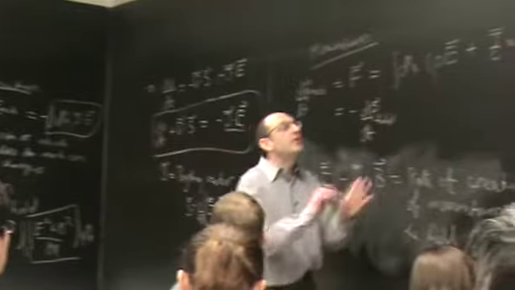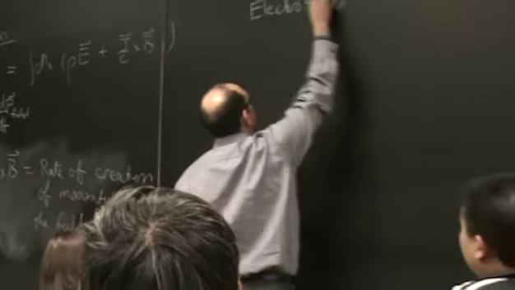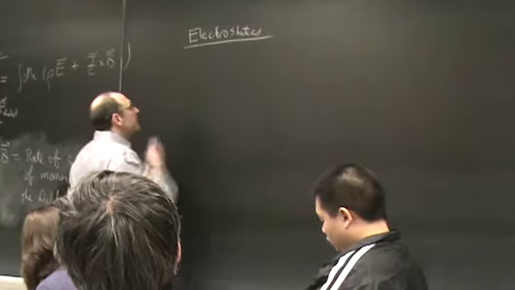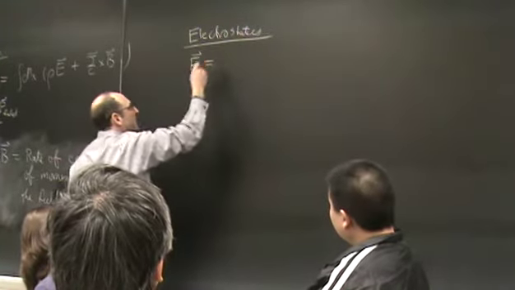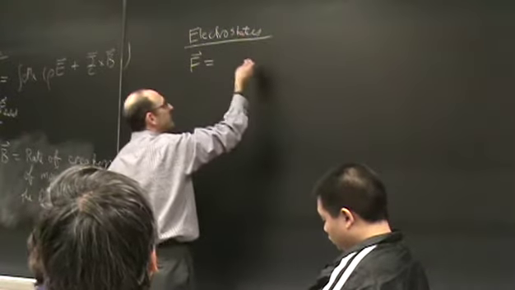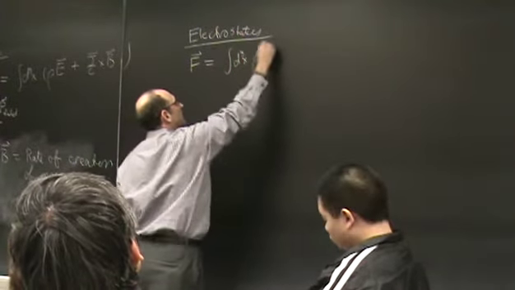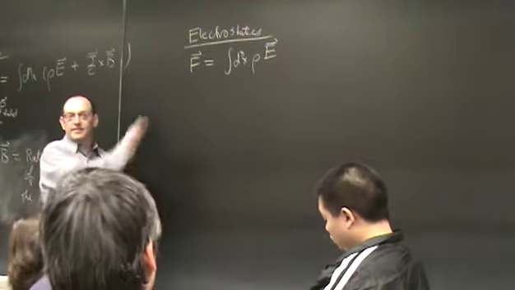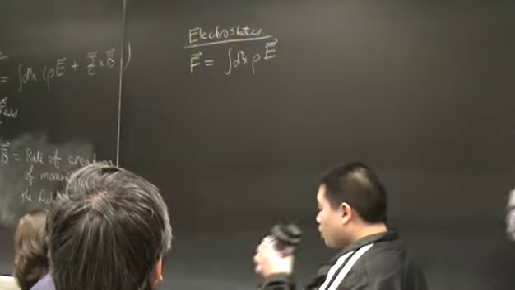So let's do this first. Let's just think about this for electrostatics, just to start. Okay? So in electrostatics, we have Coulomb's law. The force on a charge is Q times E, right? That's the definition, in some sense, of the electric field.